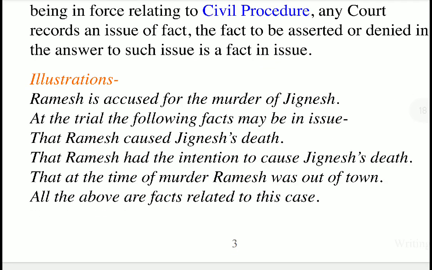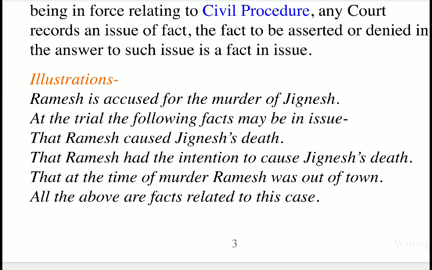Illustration. Ramesh is accused of the murder of Jignesh. So at the trial the following facts may be in issue. What are the facts? The scenario is Ramesh is accused of the murder of Jignesh.